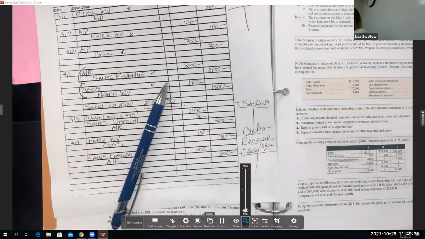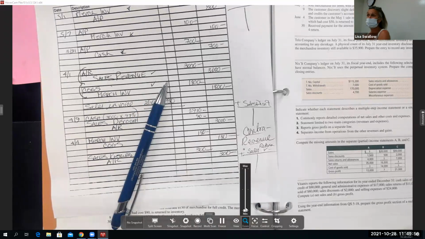So now we probably need to put in our notes, somewhere that we can refer to, that when we make a sale, how many journal entries do we have? 2.